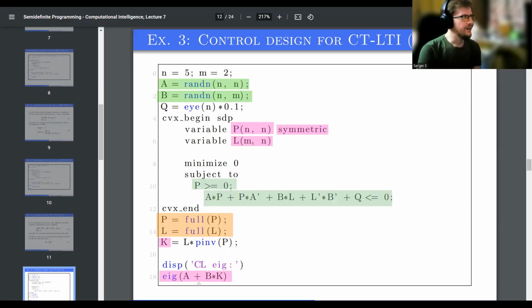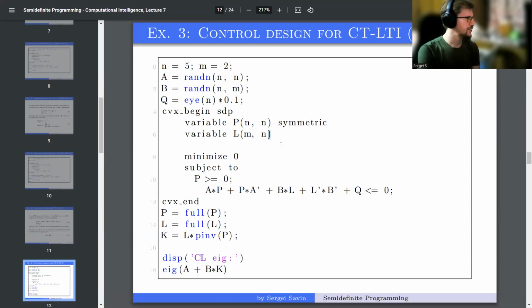All right. So this is what we can do with SDP for control design. We'll see more of it on Thursday. Okay. Do you have questions?